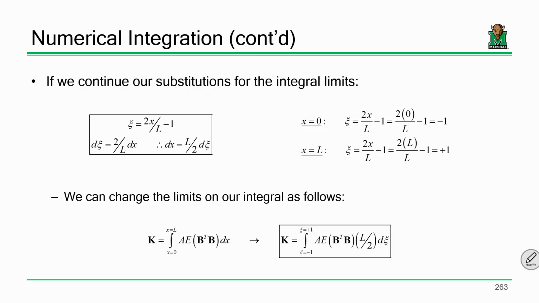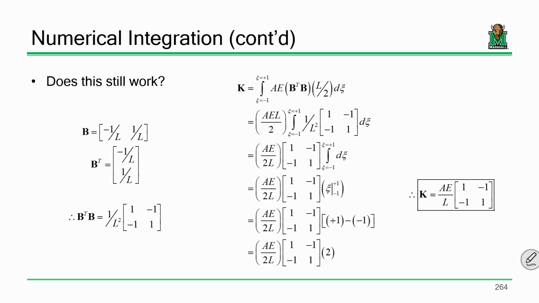For instance, our K matrix used to be just B transpose times B, but now it's B transpose times B, and we've got this L over 2. Why do we have this L over 2? Because our variables and our limits change, and in order for the algebra to make sense, you have to have another term in there. Okay? We have a very particular name for that term in the world of finite elements. We call it a Jacobian. Okay? Now, does it still work?